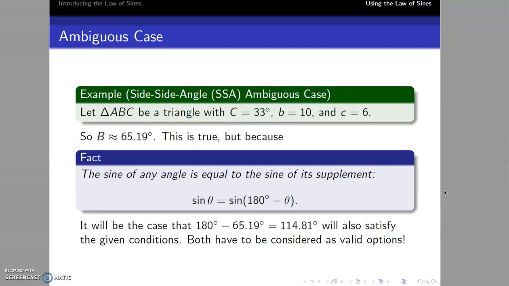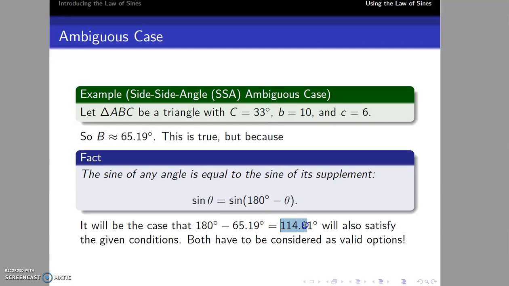It also satisfies everything we know, and it works through the law of sines. It is another totally viable construction. So the follow-up question many students will ask me is, well, which is it? Which should I use? And the answer I'll put to you now is both.